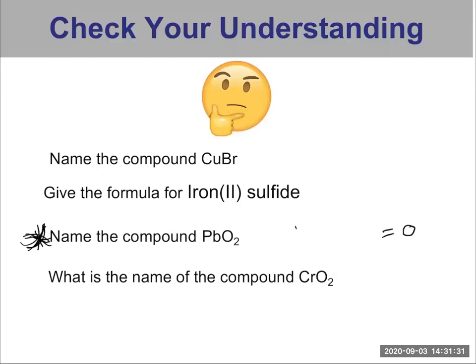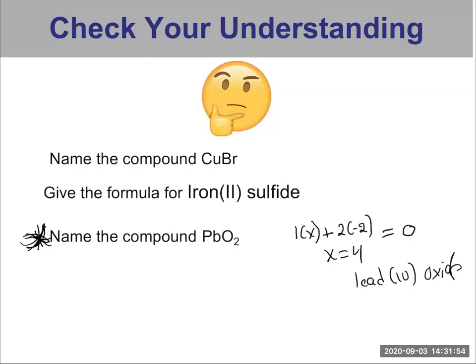We have 1 lead, so we're going to have X plus 2 times -2. X equals 4. So it's lead 4 oxide. I did the other one wrong if I'm not mistaken.